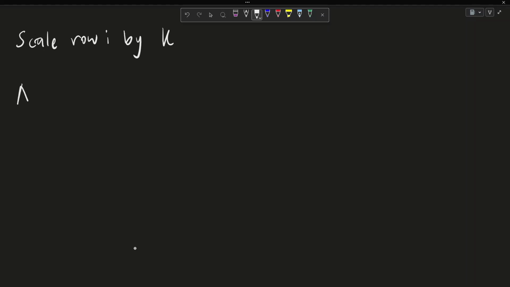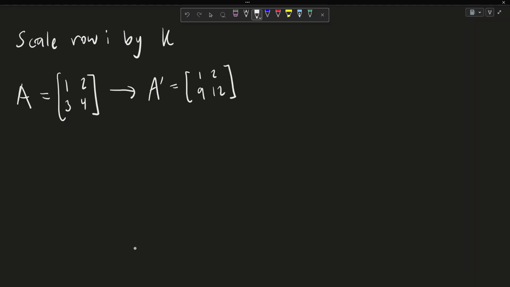Let's take our original example of 1, 2, 3, 4, and transform its second row by multiplying it by 3, which will give us the new matrix A prime, which is equal to 1, 2, 9, 12. We know the determinant of A to be equal to negative 2.